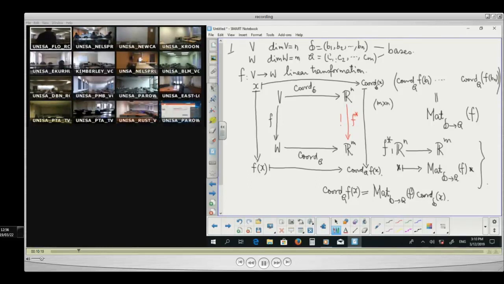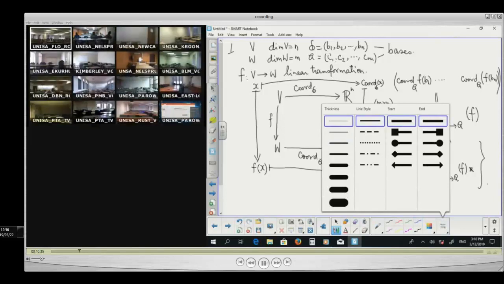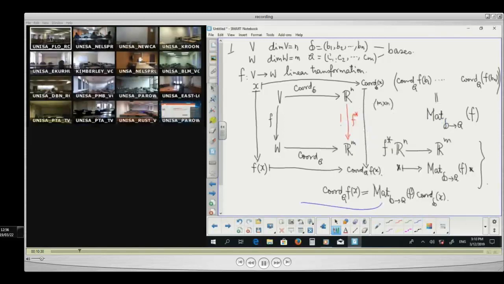So that's why this is often called the change of, or rather the transformation matrix. These matrices are often called, therefore, transformation matrices. Because they allow you to compute the coordinates.